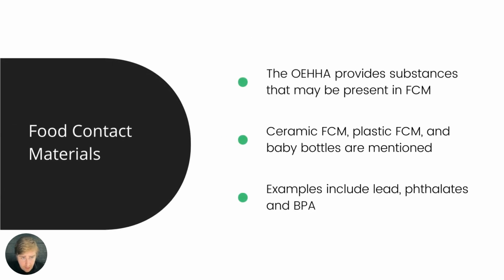Okay, so let's look at the very first, which is food contact materials. What they do on the website is to provide substances that may be present in FCM. And if you search, say, bisphenol A on p65warnings.ca.gov, you will see that they do mention that bisphenol A is more common in certain food contact materials, baby bottles, plastic FCM, and so on.